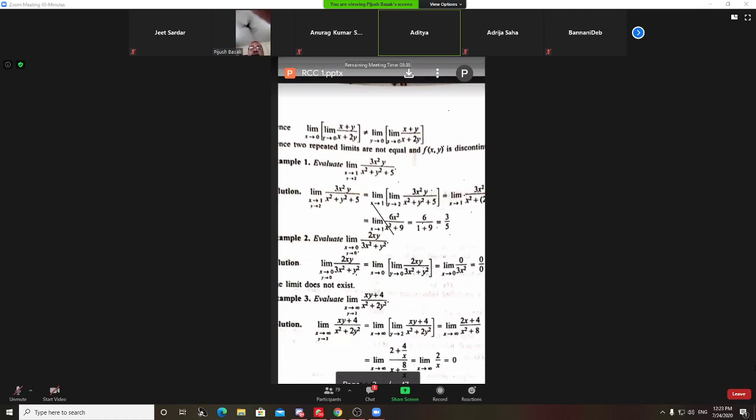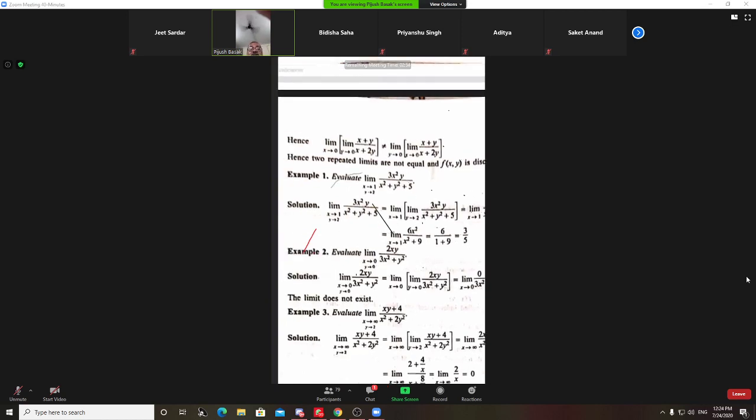No. If it is reversed, then also there is no problem. You can substitute x is equal to 1 first, and afterwards y is equal to 2. Then the answer will be the same. Either x first or y first, there is no such restriction.